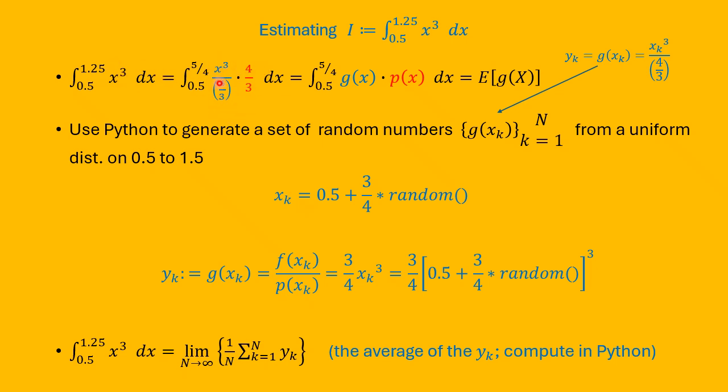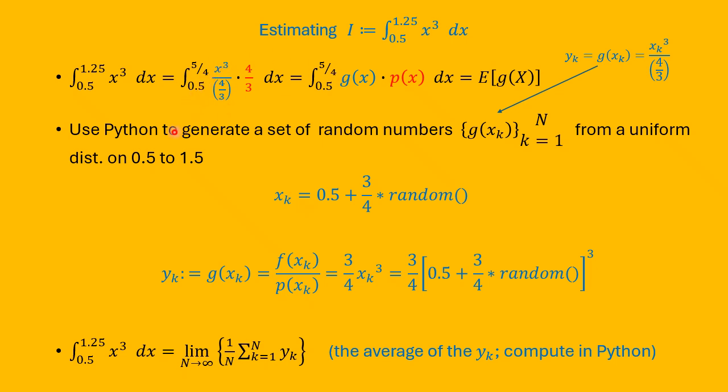And we can think of this as the integral from 0.5 to 5/4 of g of x times p of x dx. And this is going to be the expected value of this function g of x. g of x in this case is this thing right here.